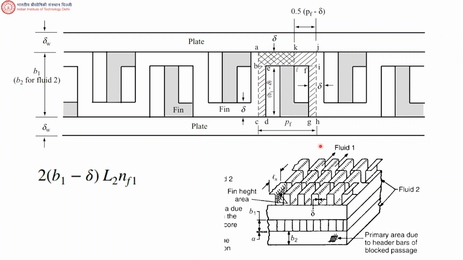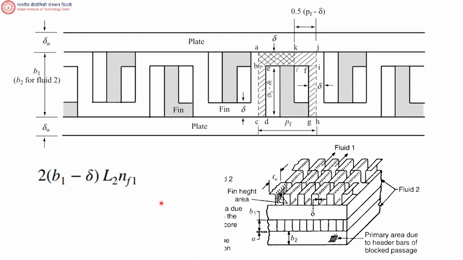L2, correct? So the whole length is L2. So the area of one face like this is (B1 minus delta) times L2. But there are two such faces. So this is 2(B1 minus delta) multiplied by L2. Now we multiply that by NF1. Now what is NF1? NF1 is the number of fins for fluid 1.